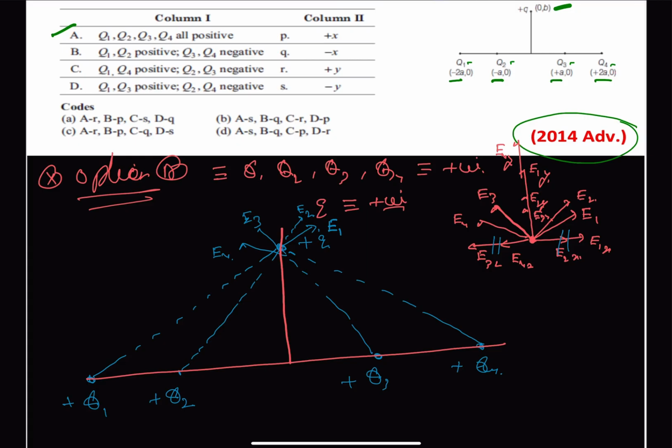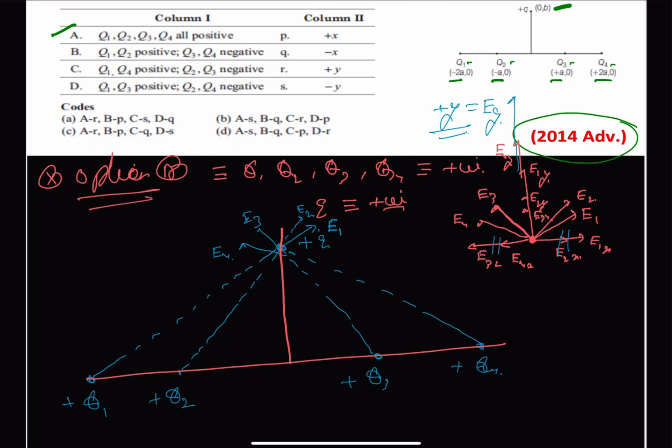So the net electric field will be along the y-axis. Therefore, we can say that this will be plus y.